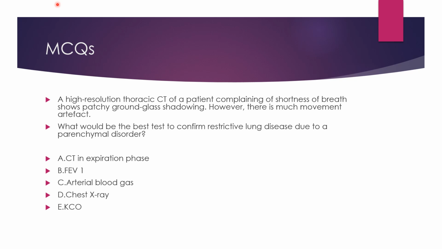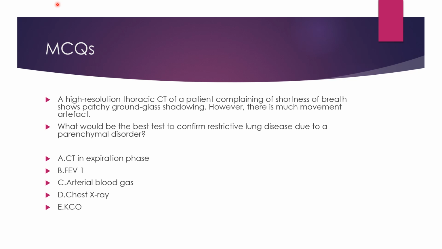So as you know, the restrictive lung disorders are characterized by reduced lung volume. This reduction in the lung volume can be because of two reasons. The problem can be in the lung parenchyma, or the problem can be due to disease of the pleura, chest wall, or neuromuscular apparatus. So this is the second category. The first category is the lung parenchyma. The second category is the diseases of pleura, chest wall, and neuromuscular apparatus.